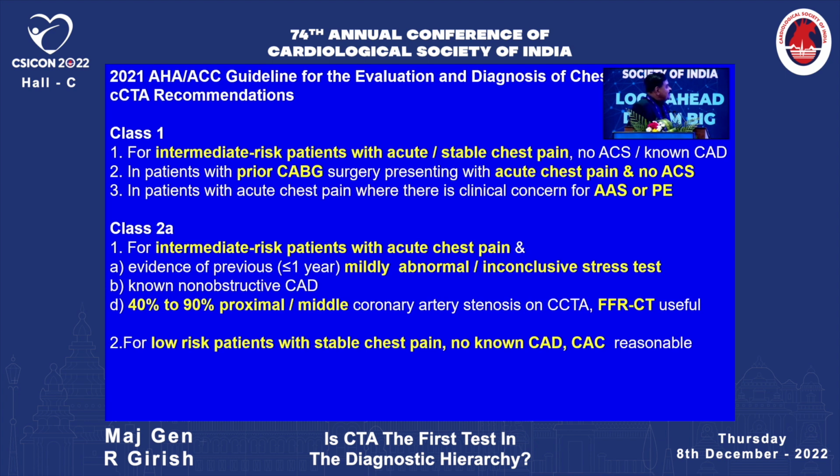The AHA/ACC guidelines gave a class 1 recommendation for the intermediate risk patients with chest pain, for patients with prior CABG, and patients with suspected acute aortic syndrome or pulmonary embolism, what is known as a triple rule-out procedure, and a class 2A recommendation for intermediate risk patients with chest pain with various subsets.